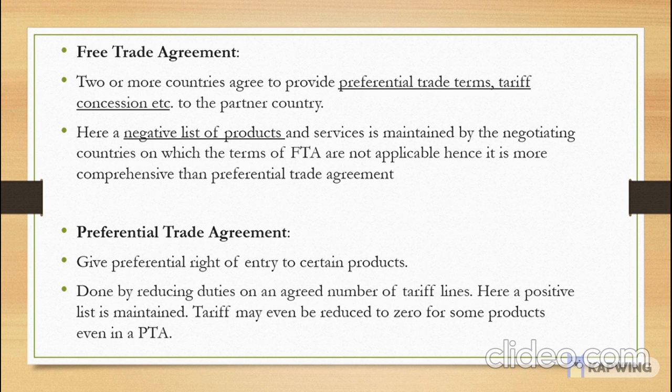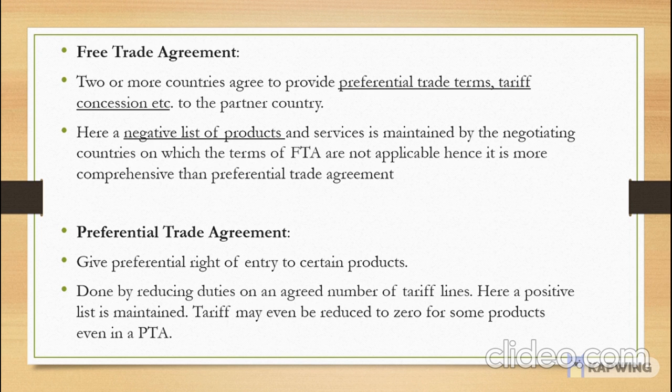And how it actually comes into effect is that once you reduce the tariffs on particular products from one country, the importers would like to import the products from that country because it will be cheaper for them. So the importers will give preference to those products from those countries, instead of importing from any other country.